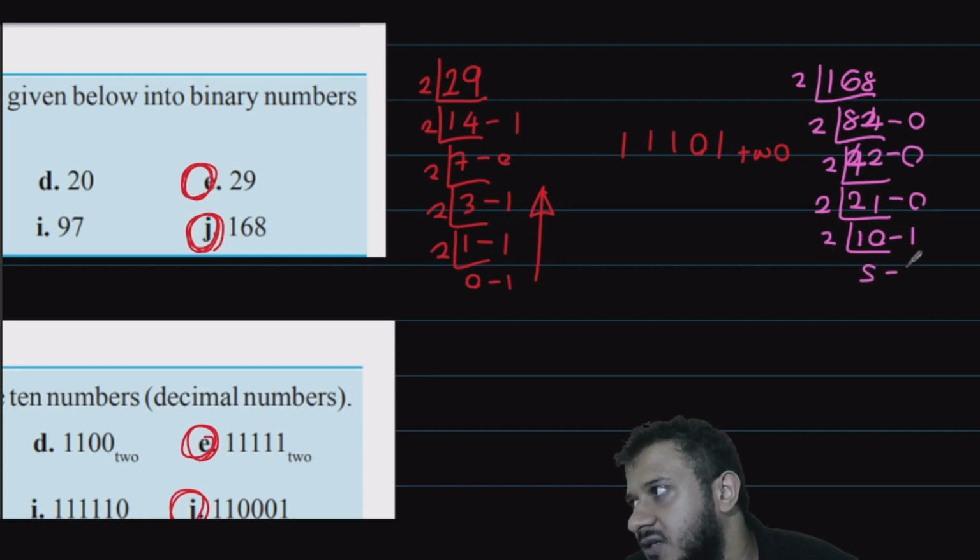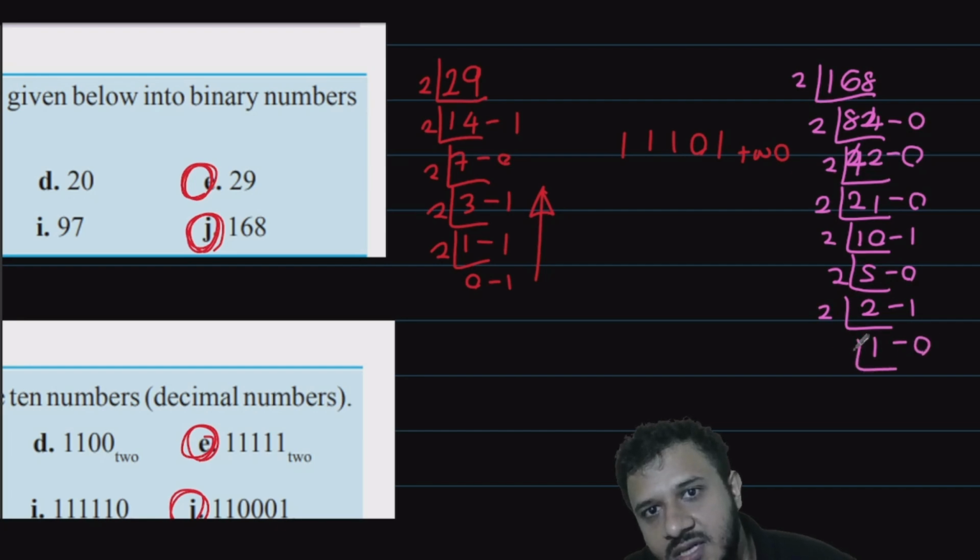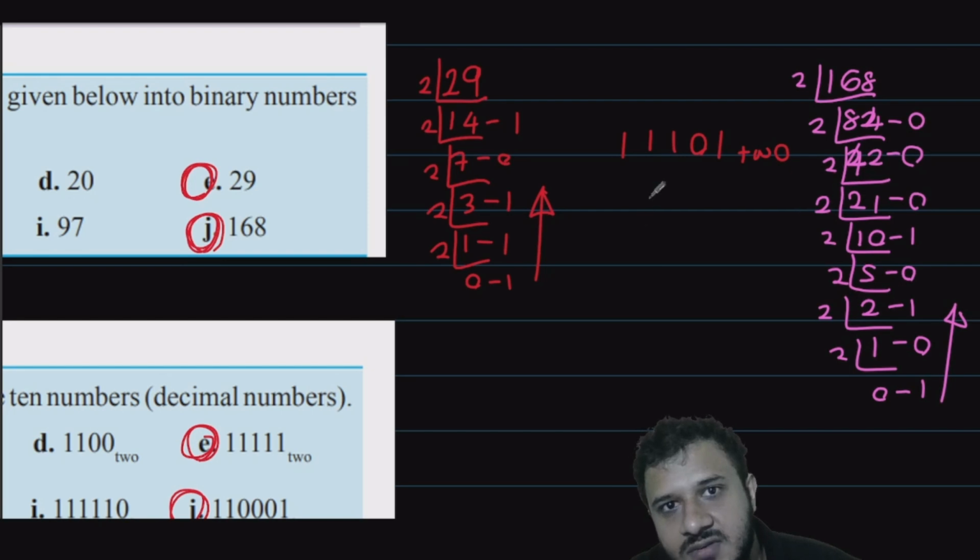Divided by 2, 5, remainder 0. Divided by 2, that's a 2, remainder 1. Divided by 2, 1, remainder 0. Divided by 2, that's a 0, remainder 1. Go upwards. The answer will be 1, 0, 1, 0, 1, 0, 0, 0, base 2.